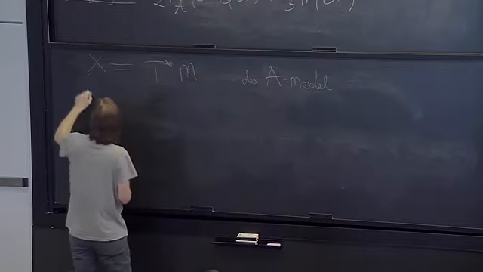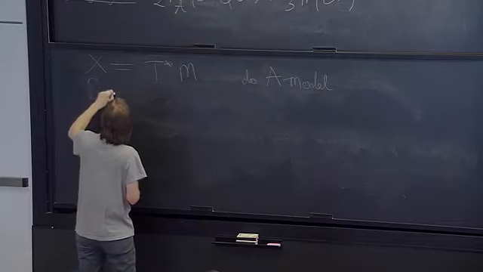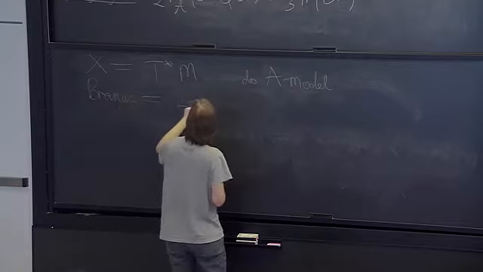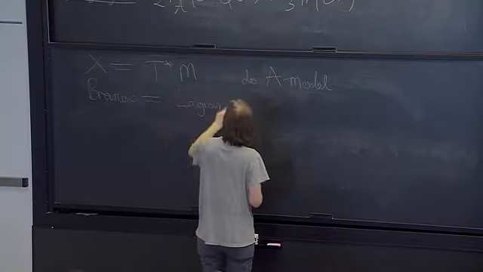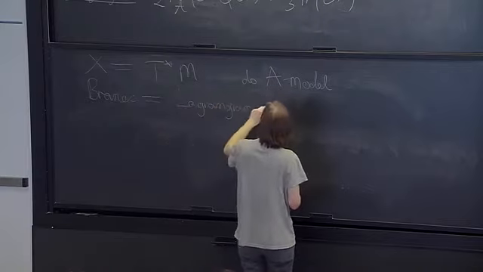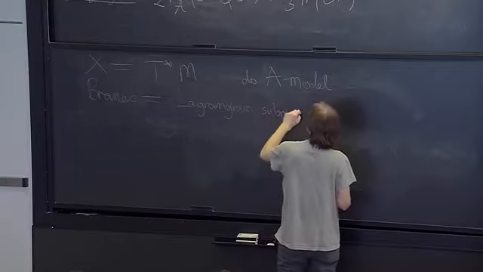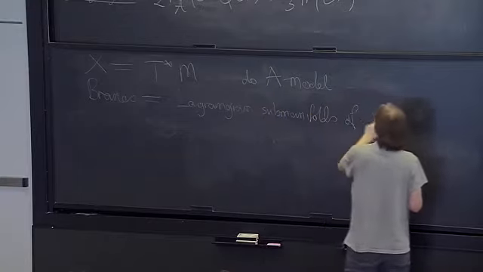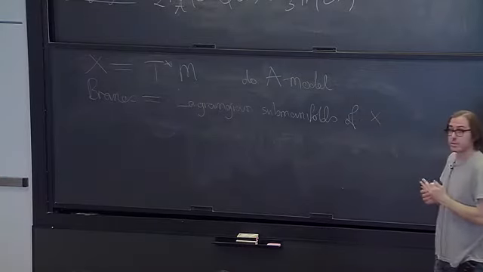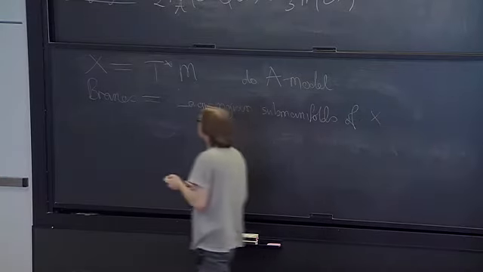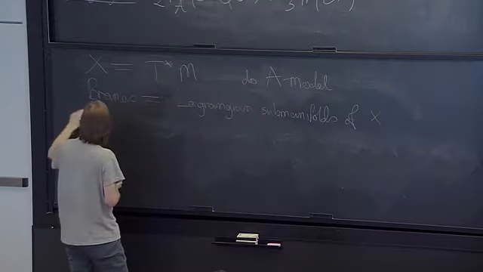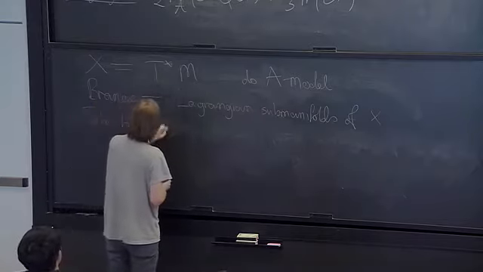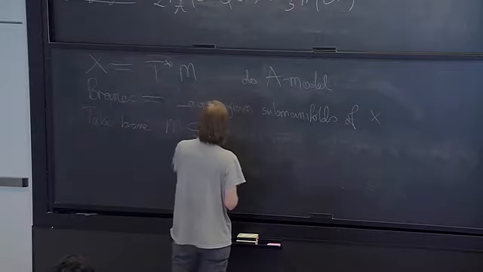So then branes are Lagrangian submanifolds, in particular, they're middle dimensional, they're of dimension 3. And suppose we take our brane to be M, the zero section.